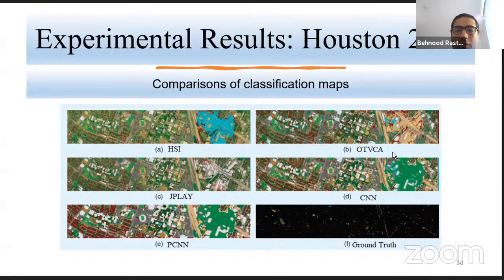Also in the case of OTVCA, we find slight smoothing for this area, but not the other area. It can preserve the spatial structure and the edges, and that's because of applying the total variation penalty.